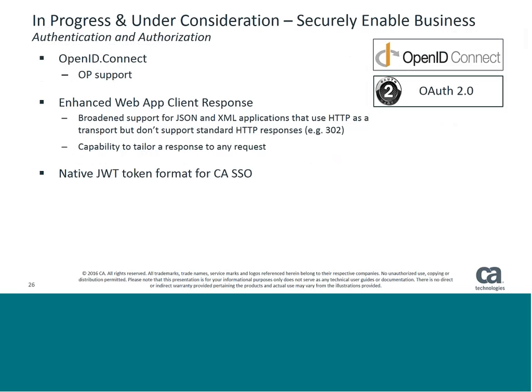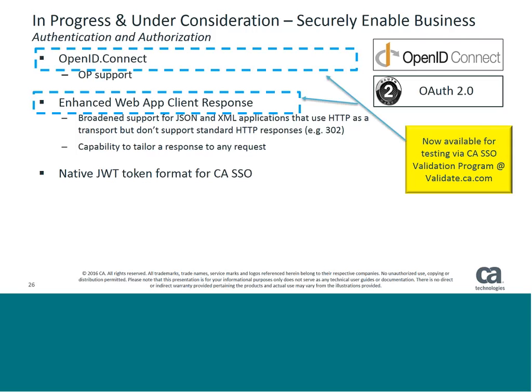Another exciting feature is that we now have support for OpenID Connect, and CA SSO can now act as an OpenID Connect provider. So OpenID Connect support should help applications with faster user onboarding, with fewer onboarding steps, and a whole lot of other features that come with supporting OpenID Connect. As part of this implementation, we have implemented a number of endpoints like user info, access token endpoint, revoke access, so all the endpoints that are needed for the basic authorization flow that is currently supported.